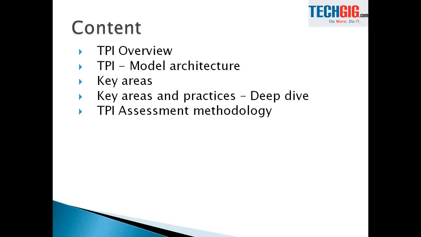Then we saw how one can typically deploy the TPI model in an organization, and what the various steps associated with this are. Then we talked about the typical assessment methodology used, and also we saw that there are 3 levels in TPI: controlled, efficient and optimizing, and how each one can be achieved. Then we got into the key areas and saw the summary of the requirements of the key areas at the topmost level. So this is what we have discussed today.